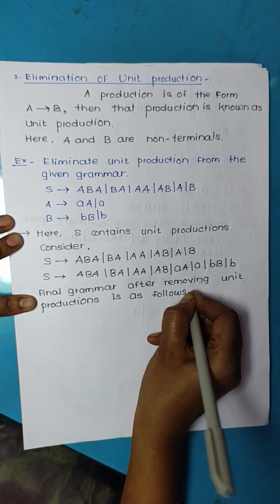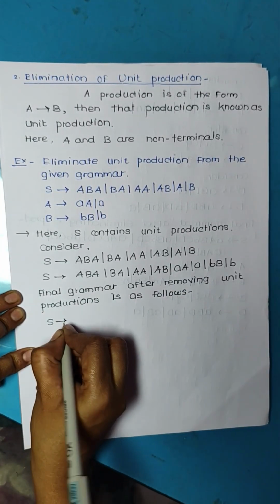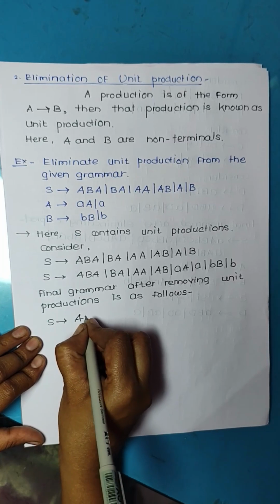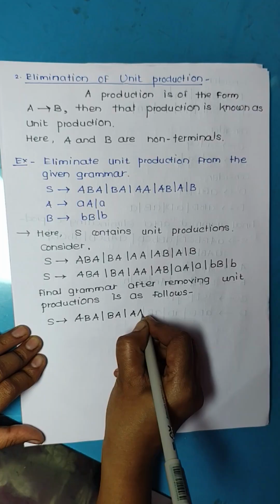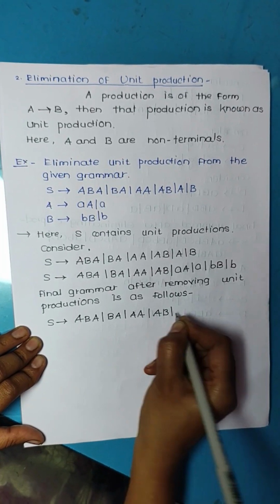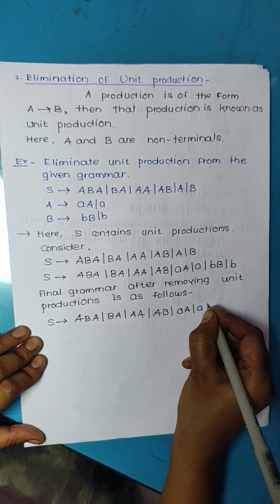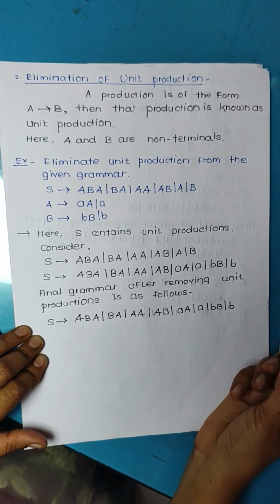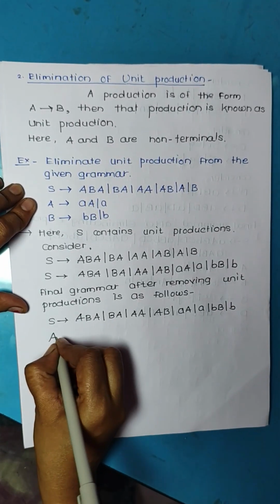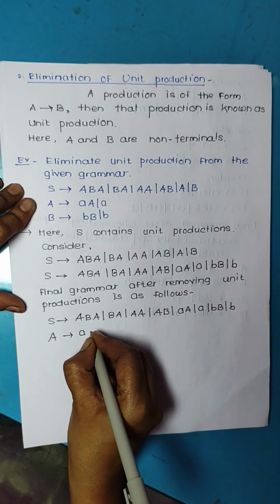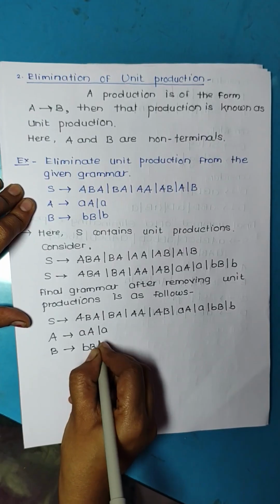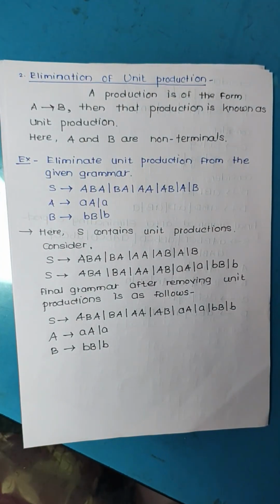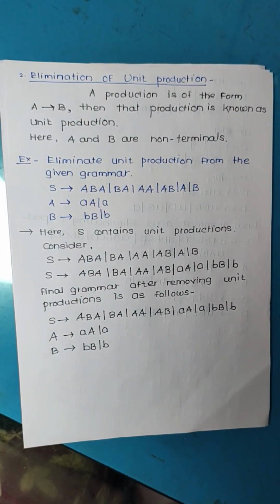We write the productions of the starting non-terminal: ABA, BA, AA, AB and AA or A, BB or B. The productions of A do not contain any unit production, so we write them as it is, and B gives BB or B. In this way, we remove the unit productions from the given grammar.